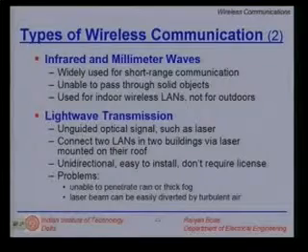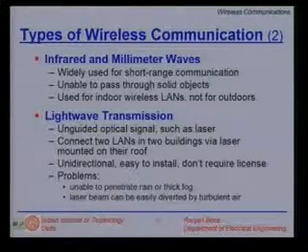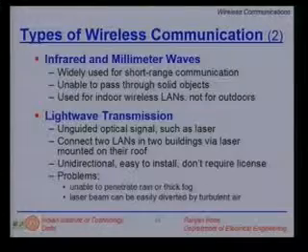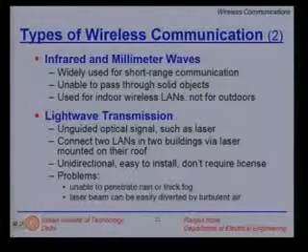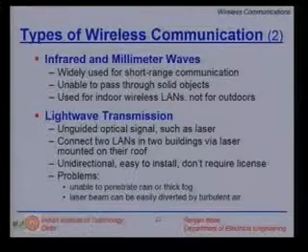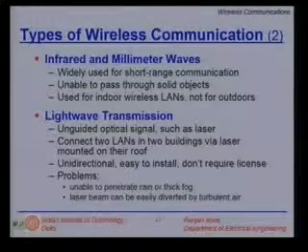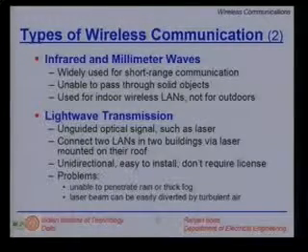Some other types of wireless communications: infrared and millimeter waves. So we are going higher on the frequency spectrum, and consequently we deal with smaller wavelengths. The moment we talk about millimeter wave, we are touching the 30 gigahertz frequency band.